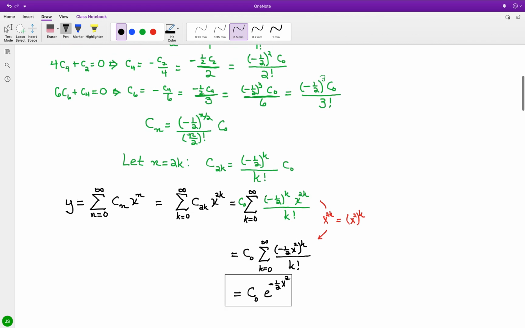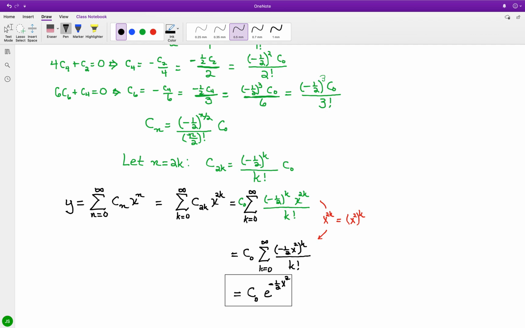With the denominator at k factorial, I want to make the numerator exclusively in terms of the k degree. So negative 1/2 to the k times x to the 2k, on the basis of the power property of exponents, is x squared quantity to the k and negative 1/2 times x squared. If I sandwich them together, I have negative 1/2 x squared quantity to the k over k factorial.